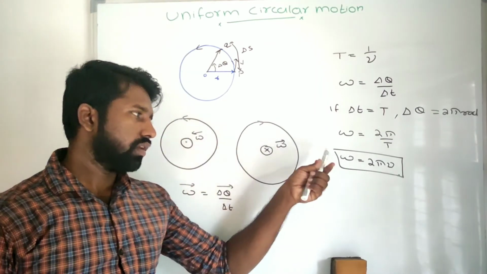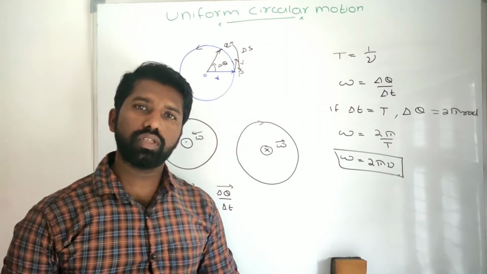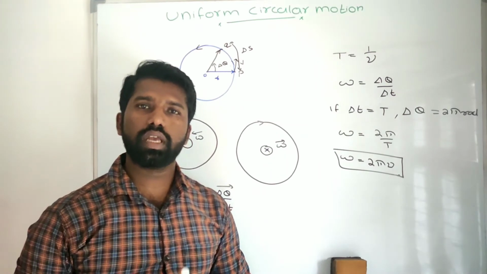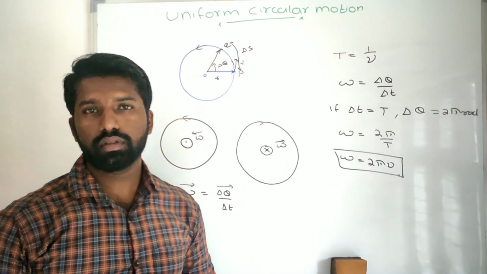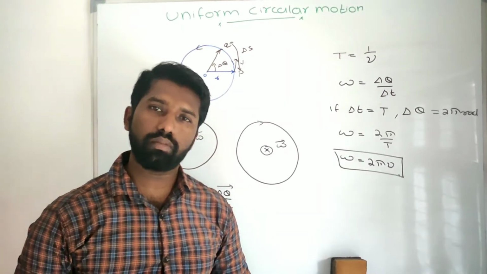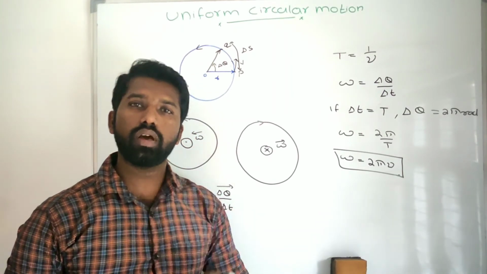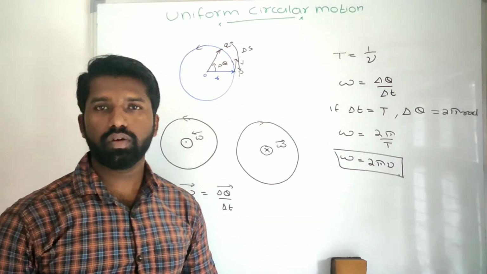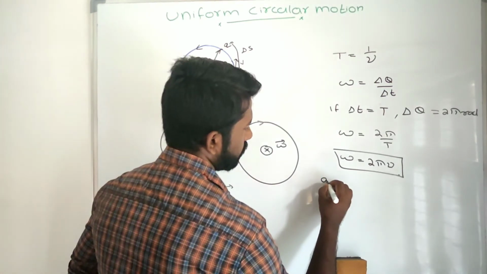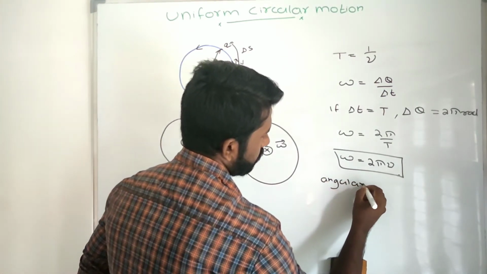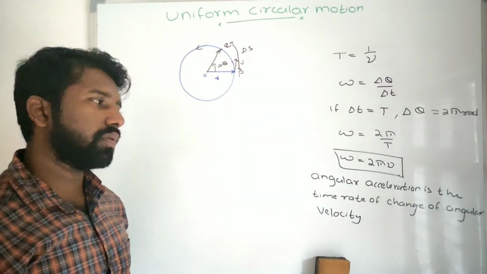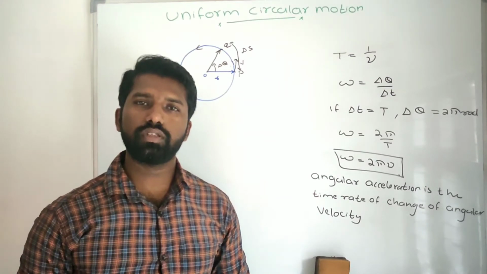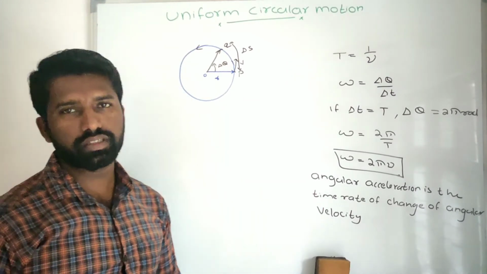In linear motion, the change in velocity divided by time is called acceleration. The same way, in circular motion, the change in angular velocity divided by time is called angular acceleration. The time rate of change of angular velocity is called angular acceleration.